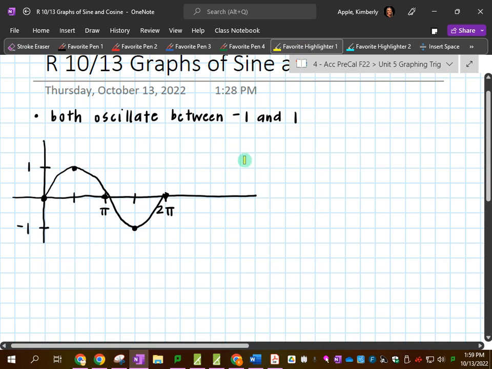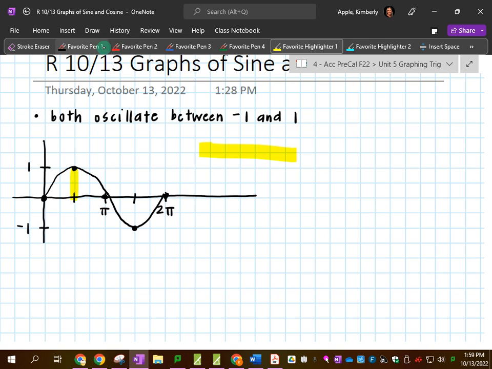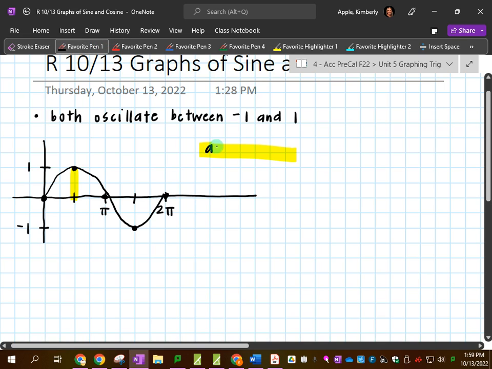Now let's talk about the vocabulary that we started developing yesterday. This is going to be our amplitude.